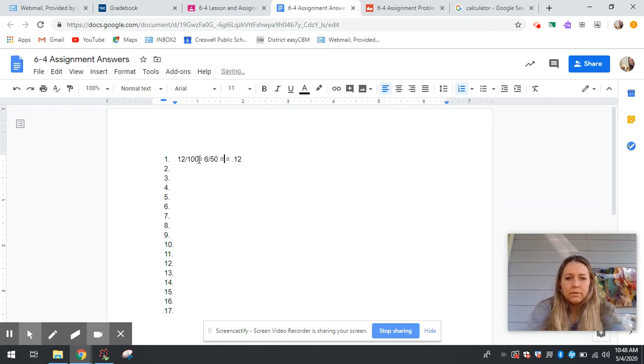Now 6 and 50 are both still even numbers, so I can divide them by 2 again. 6 divided by 2 is 3 over 50 divided by 2 is 25. Okay, they're not both even anymore. 3 and 25 are odd numbers. 3 does not fit evenly into 25, so that's reduced.